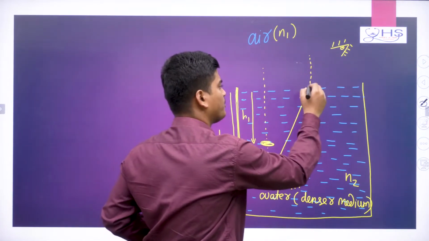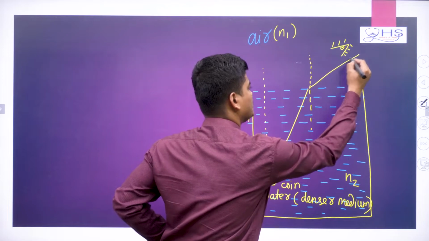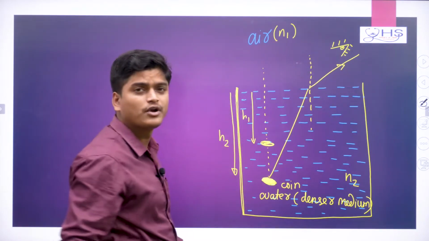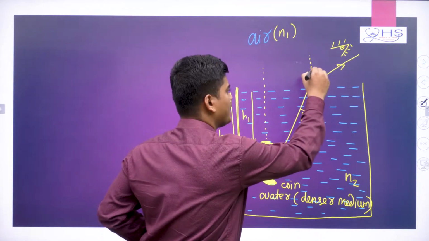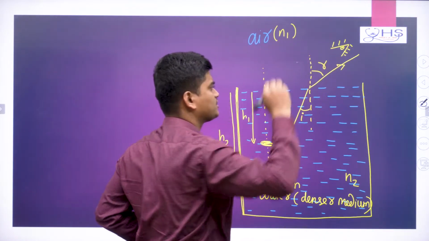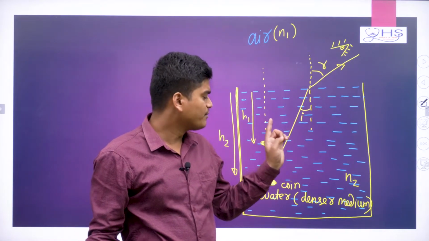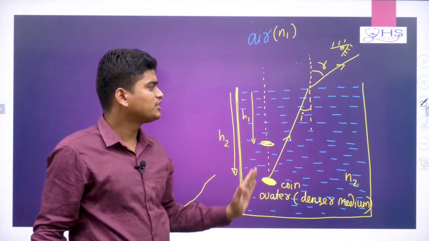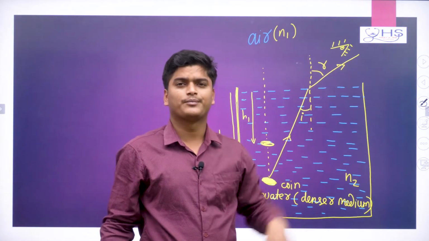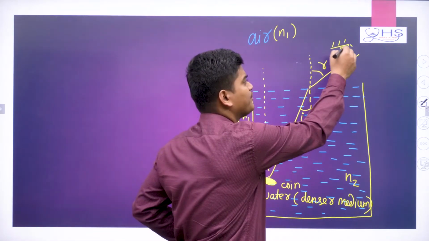When light goes from a denser medium to a rarer medium, the ray goes away from the normal. If this is the angle of incidence i, this angle of refraction will be r. So remember, always, when a light ray goes from a denser medium to a rarer medium, it bends away from the normal, and this ray goes and meets the eye.